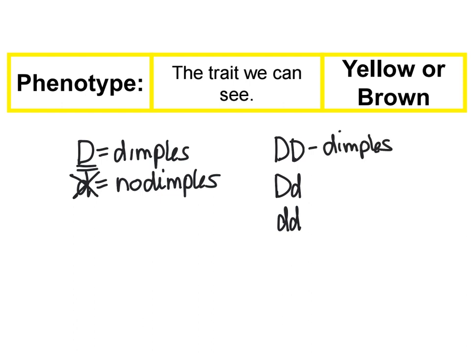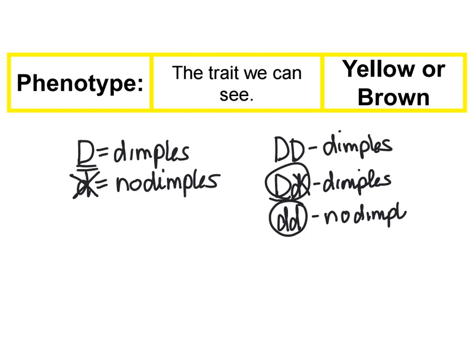There's no need to shut anything down here because there is no little d. But big D, little d, the heterozygous combination, is going to result in dimples because the little d has been shut down. Little d, little d is the only place where we're going to see a child with no dimples because there is no big D to shut that down.